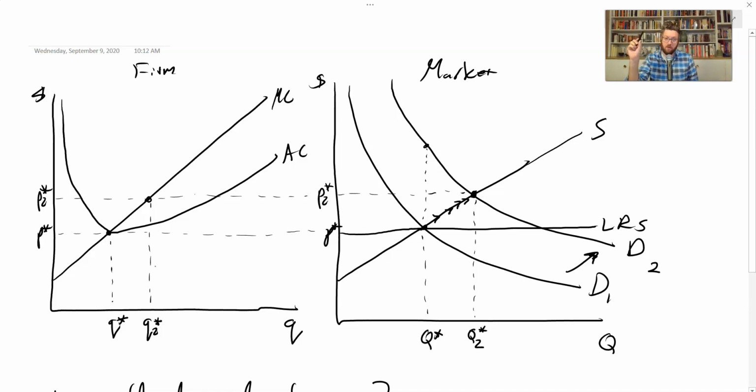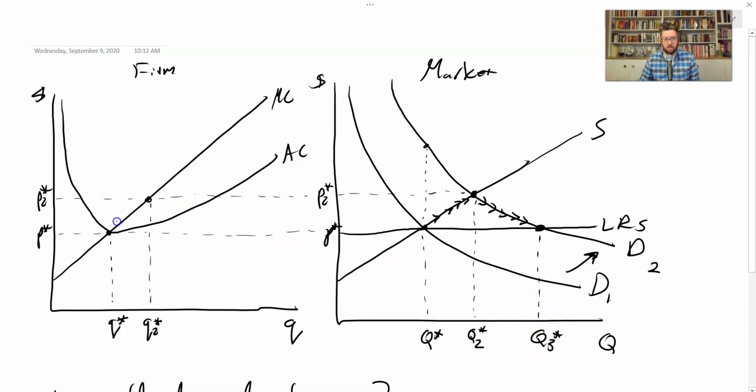In the long run, though, that's not economically stable. This new booming market, a lot of other people notice it and they say, I want a piece of that action. And so they start founding their own businesses that enter the market. As these businesses enter, the supply increases, and that starts to pull the price down, until we get to the new long run equilibrium.